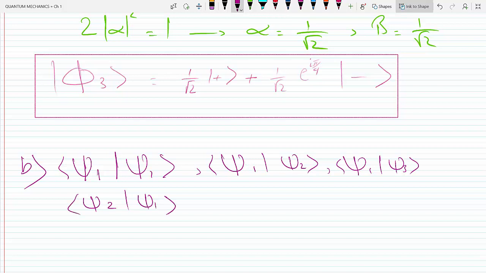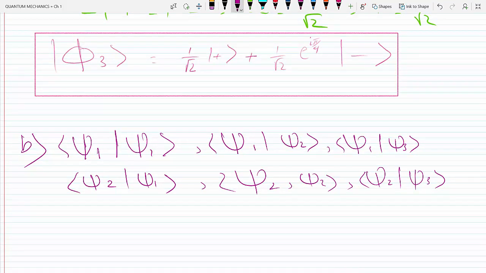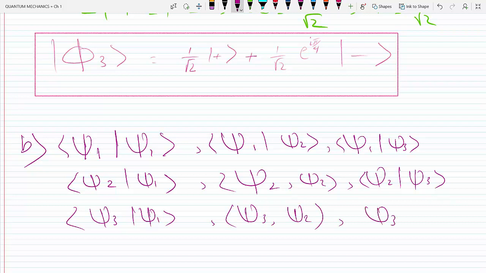We don't have to do all of them because they're all the same, but let's make a few quick observations.